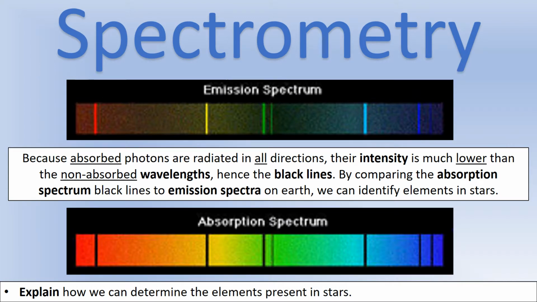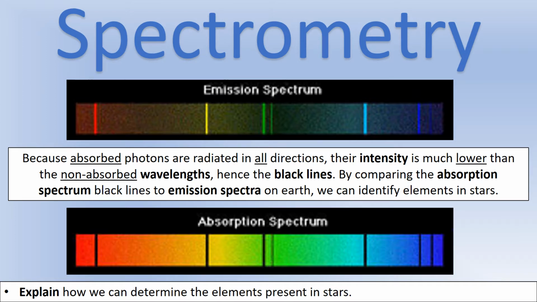Going back to what we had before, the photons that are absorbed by the atmosphere of the star are re-emitted in all directions. That means the intensity of those wavelengths coming towards Earth is much lower than those wavelengths which weren't absorbed, which is why we're getting the black lines. The black lines don't mean we're getting no light, it just means the intensity is much, much lower.